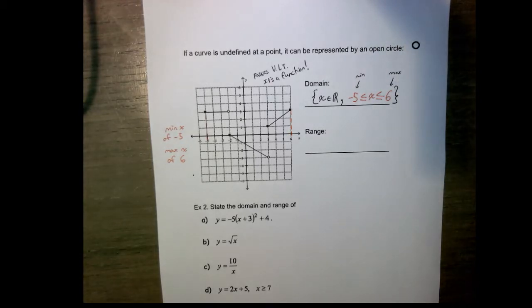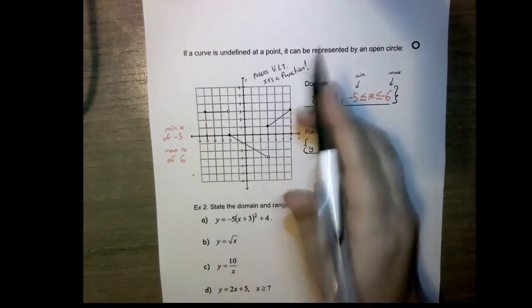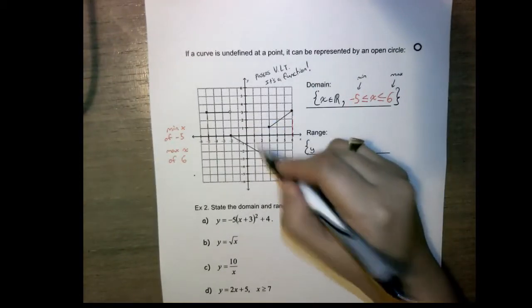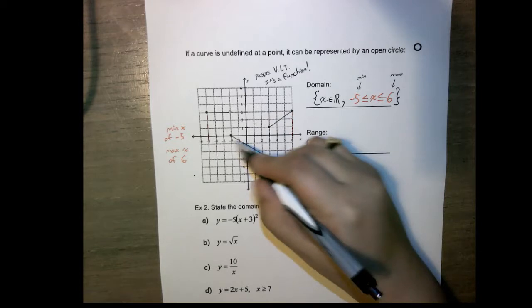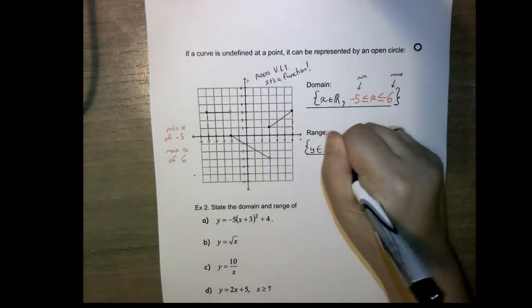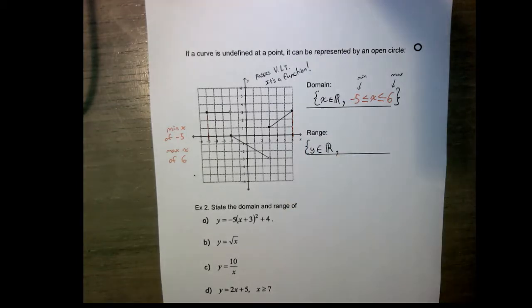Let's have a look at the y values. So when I'm writing my y values, similarly, I see that y can exist in between here. It's got these lines connecting it. So once again, I have the knowledge that y is part of the set of all real numbers, right?